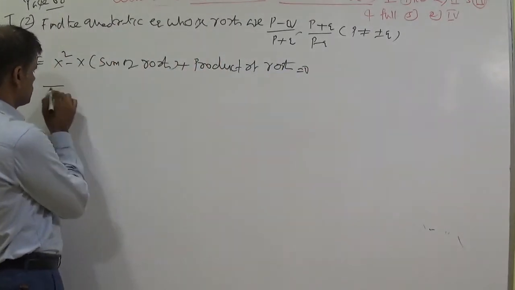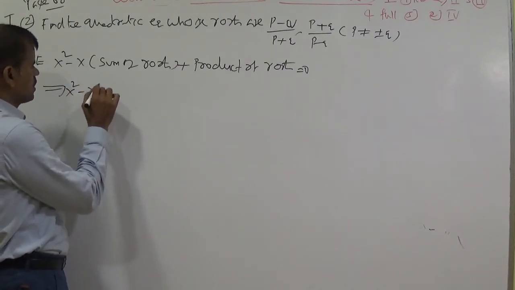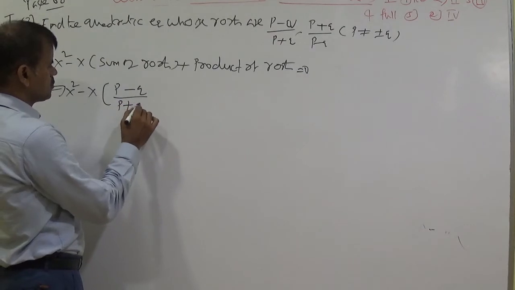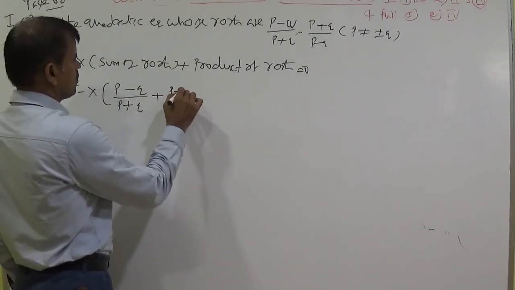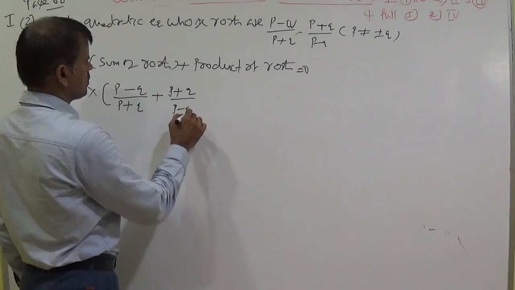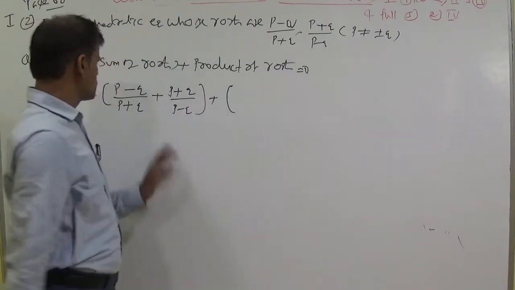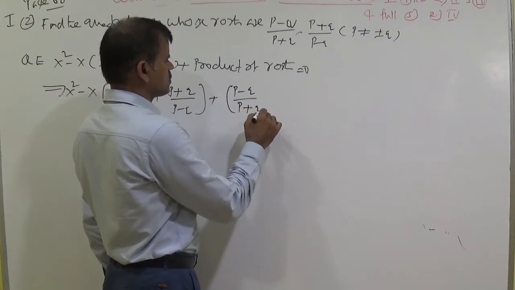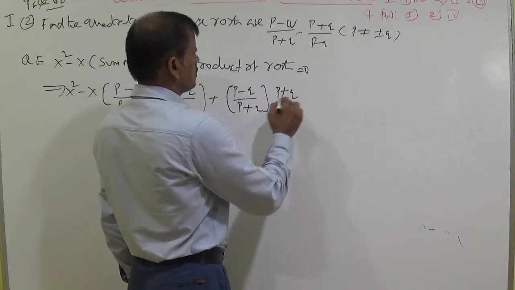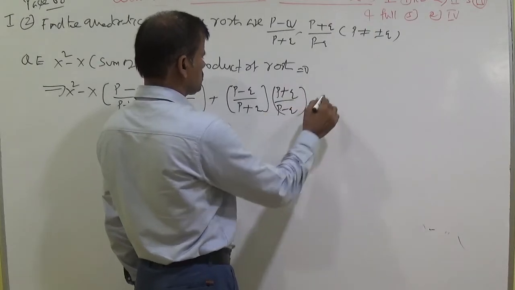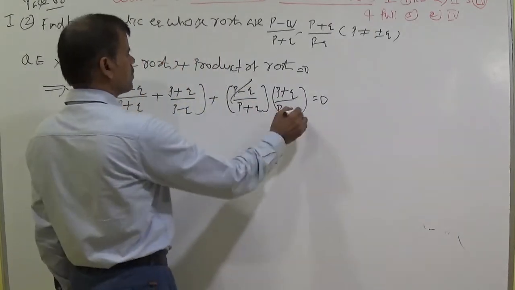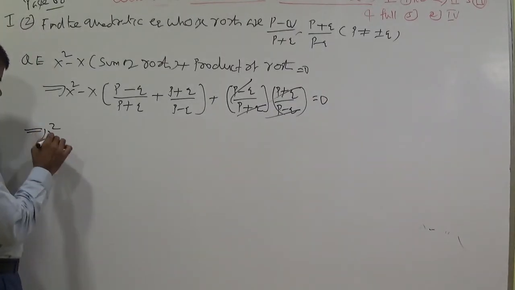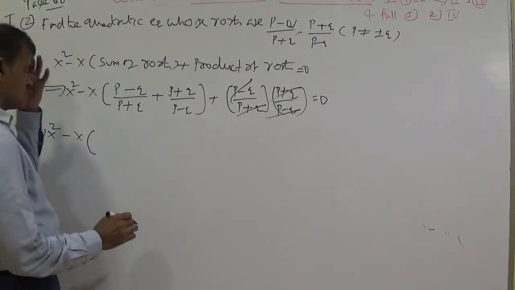That implies x square minus x into (p minus q by p plus q plus p plus q by p minus q) plus product of roots, p minus q by p plus q into p plus q by p minus q, equal to 0. P minus q gets cancelled, p plus q gets cancelled, so we get 1.